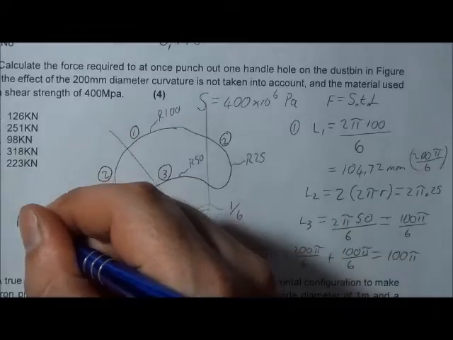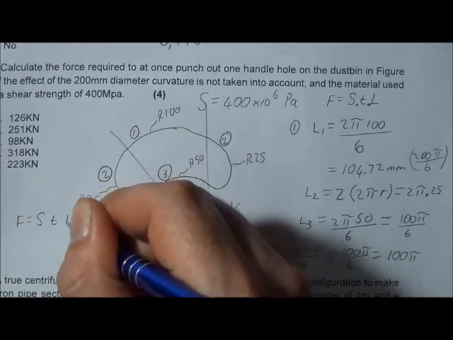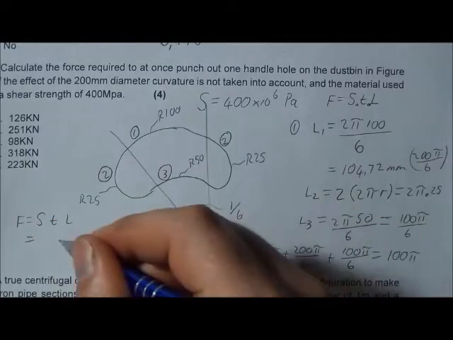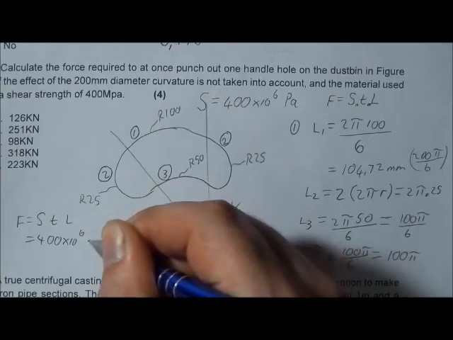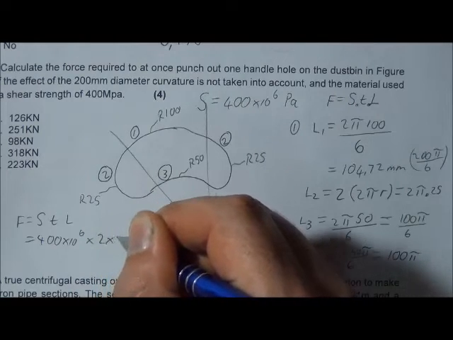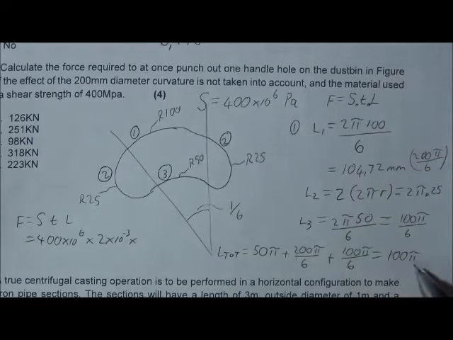So F is equal to STL, which is equal to 400 times 10 to the 6 times 2 times 10 to the minus 3 times 100 pi.